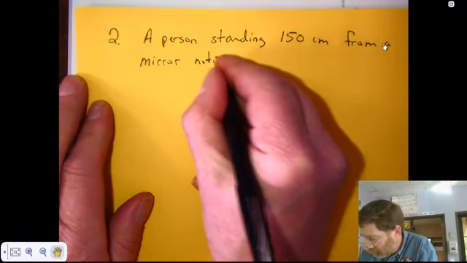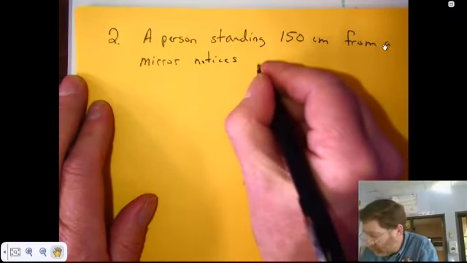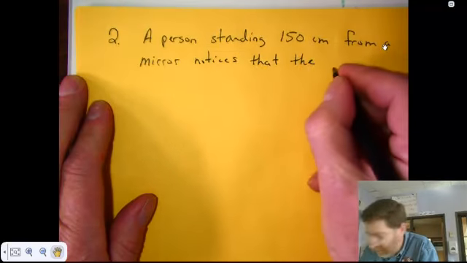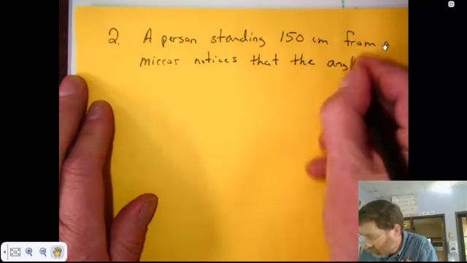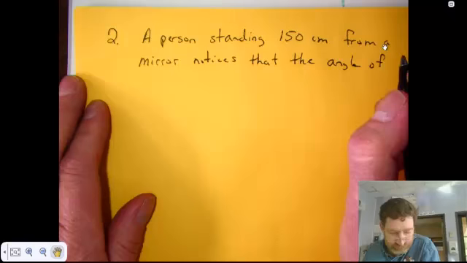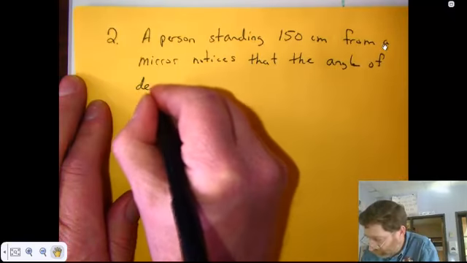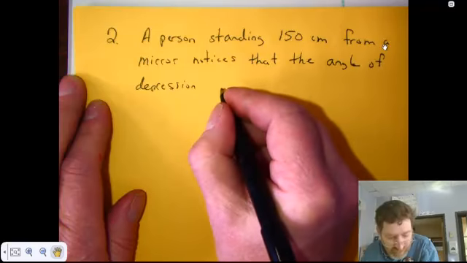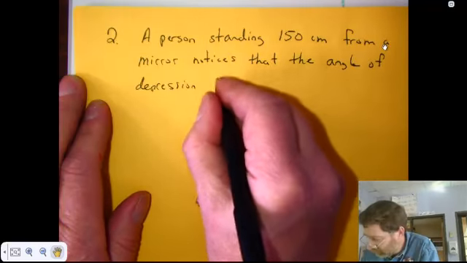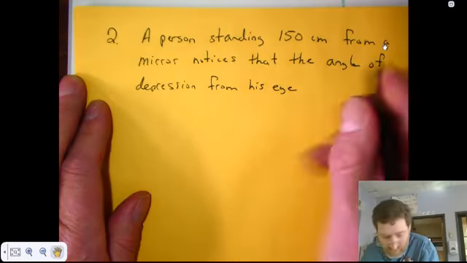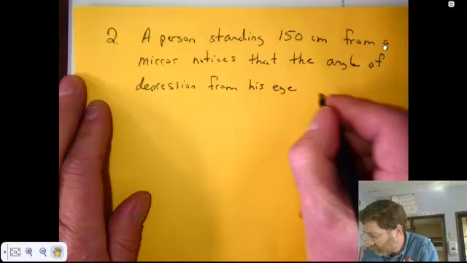Notices that the angle of depression from his eye to the bottom of the mirror is 12 degrees.